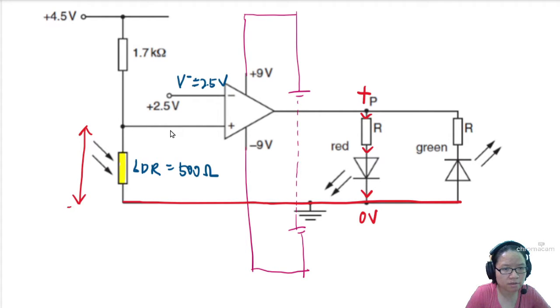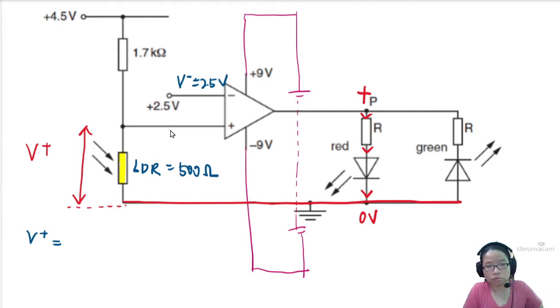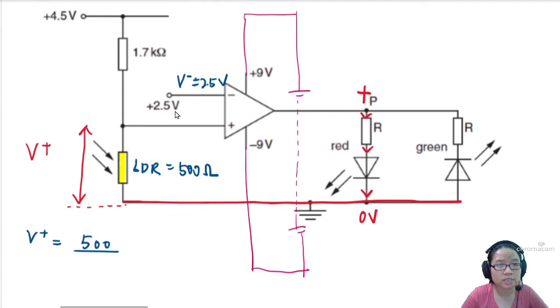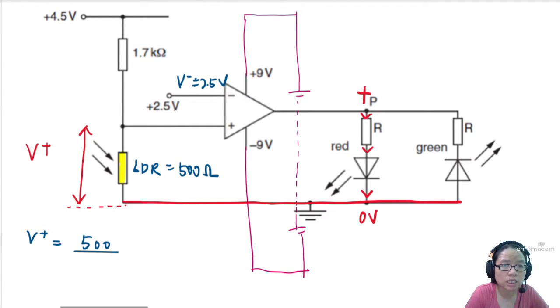Previously, I have explained that V plus will be the potential difference across the LDR. So we need to find a value for this V plus when the LDR is 500. Use ratios. If you have already watched the chapter 19 and 20 videos, we will use ratio to solve this. This is a share of 500 ohm. Consider its partner resistor that is connected in series with it.